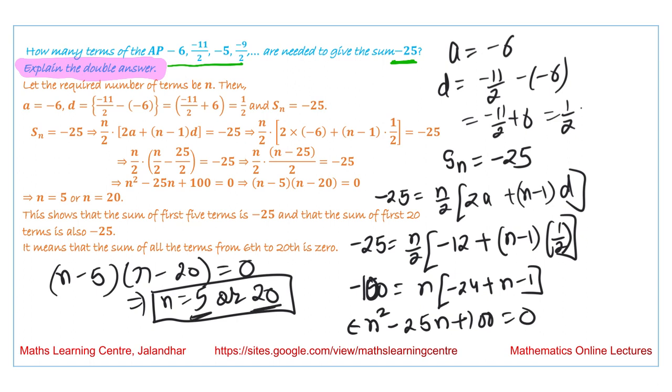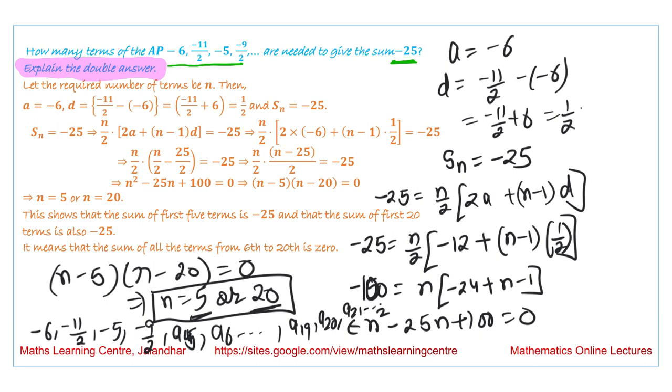Because the sequence we have is minus 6, minus 11 by 2, minus 5, minus 9 by 2. Then we have some term A5, then we have A6, and so on up to A19, A20, A21 and so on.